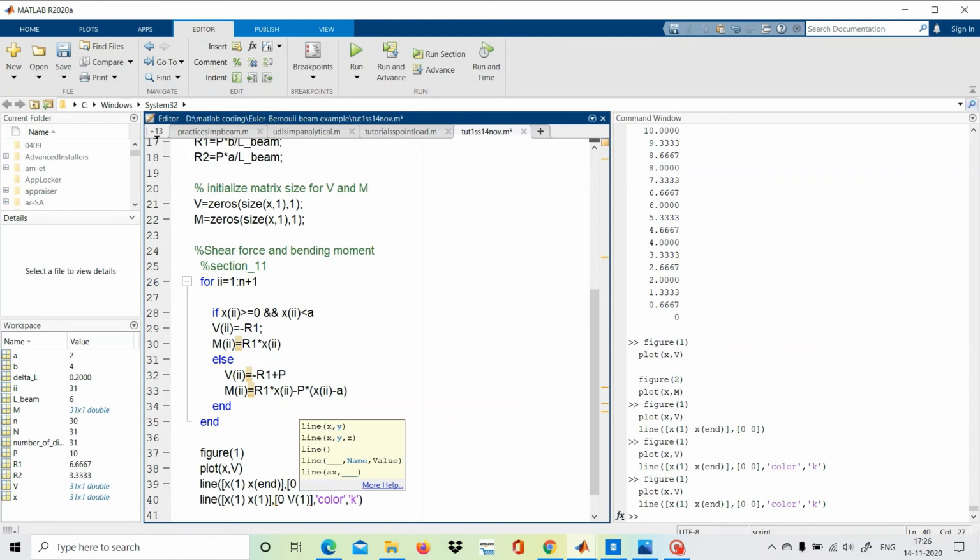So it is asking for v1. Okay, Control C again, Control V.